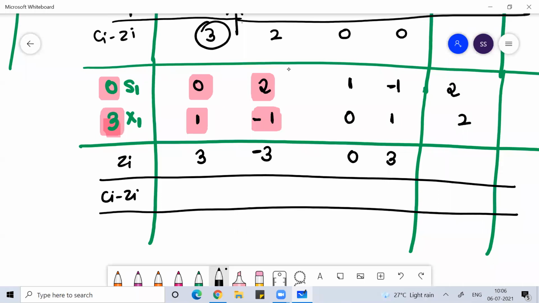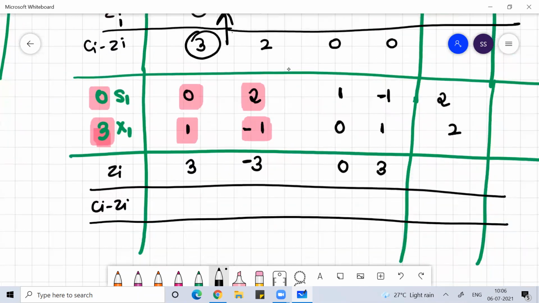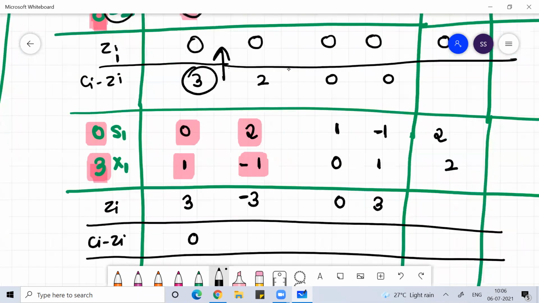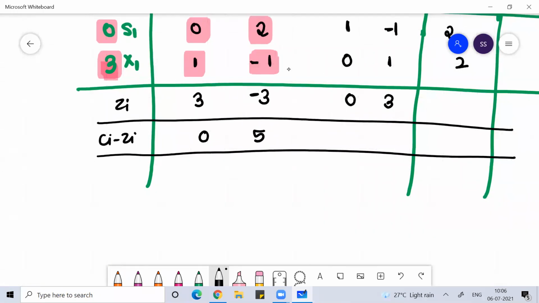Then you'll find Ci minus Zi. This would be 3 minus 3 is 0, then 2 minus minus 3, this would be 5, then 0 minus 0, and 0 minus 3 is minus 3. Here, find Ci: the Ci values were 3, 2, 0, 0.